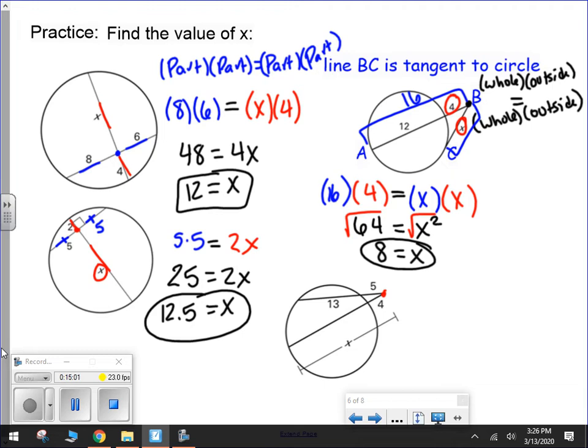And that is going to be equal to my whole of the other secant, which is x. And my outside is 4. So I'm going to do x times 4. 18 times 5 is 90, and x times 4 is 4x. I divide 4, and I get 22 and a half equals x.